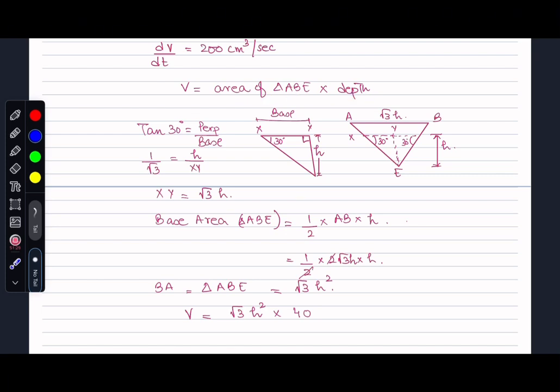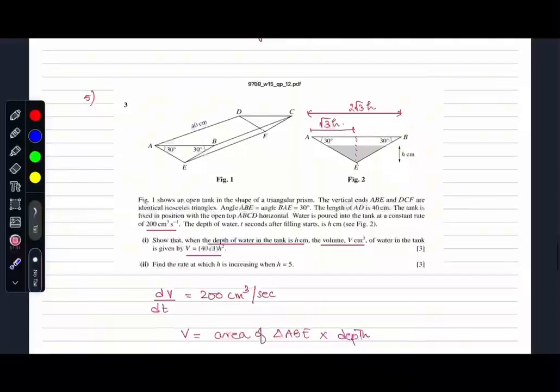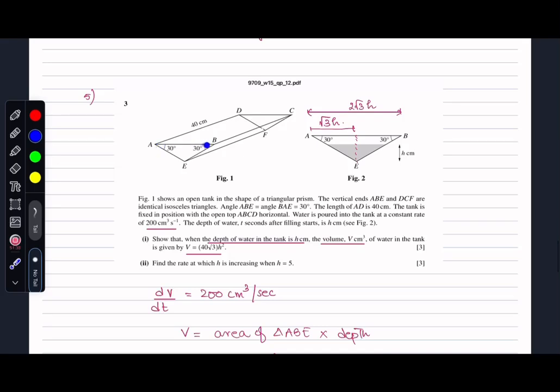We have already discussed that the volume of this triangular prism is given as the area of triangle ABE times depth, and the depth according to the question is AD, which is 40 centimeters. So the volume should be the area of this base, which is ABE, times the depth, which is 40 here.